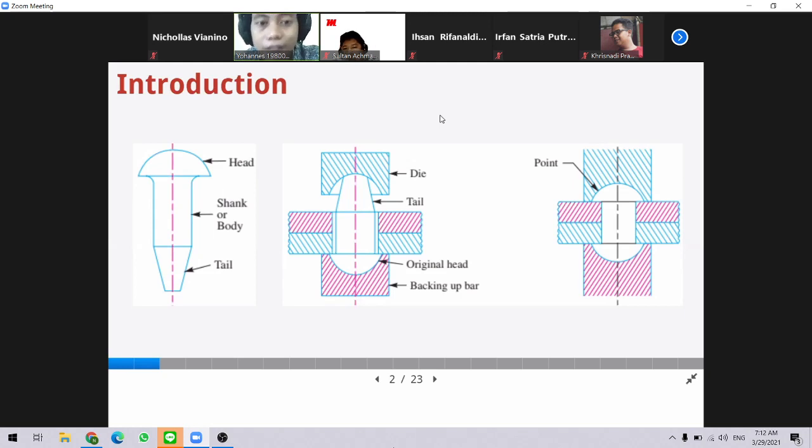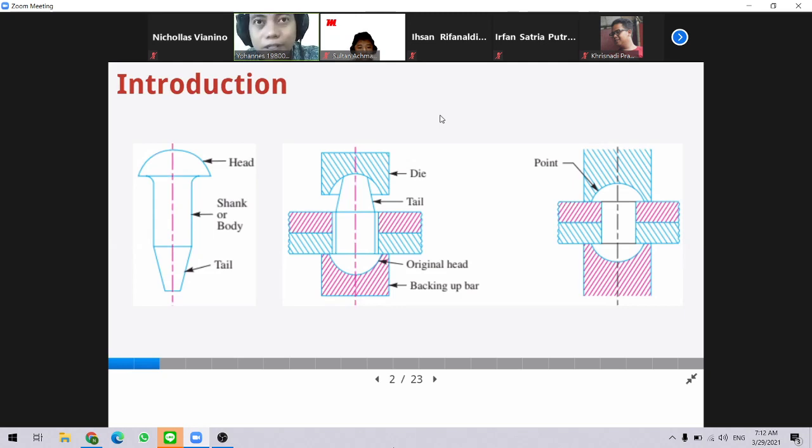what a rivet is. In the first figure, we have the rivet part. This part will be used to join, to clamp the mechanical parts. It can be a steel part or steel plate, it can be an aluminum plate, or it can be composite.